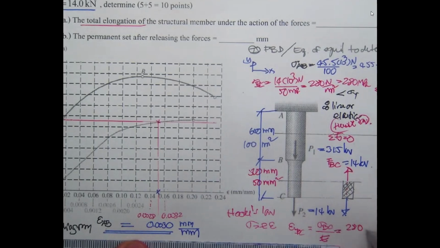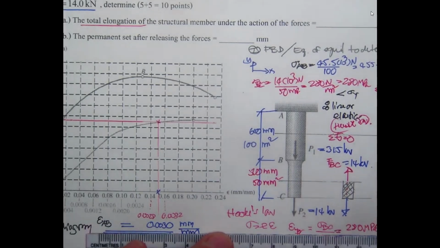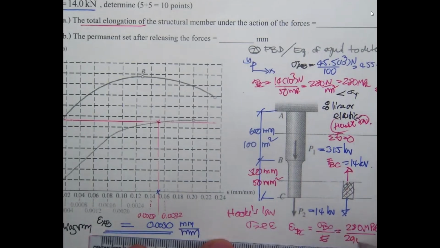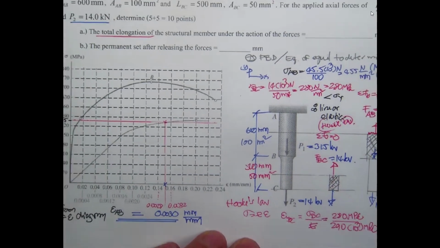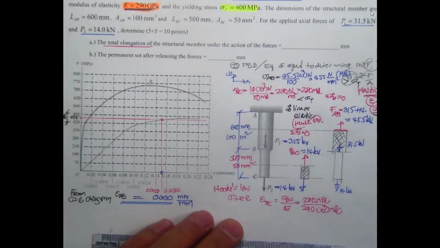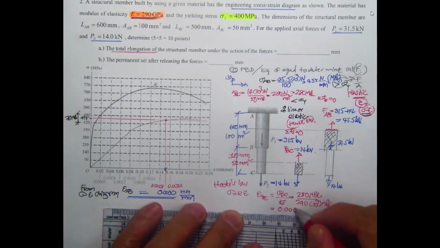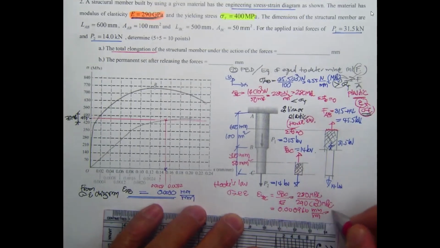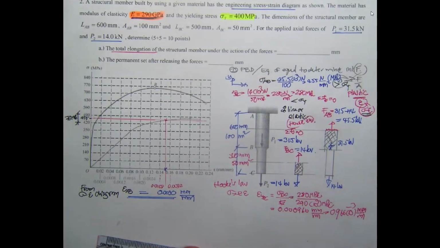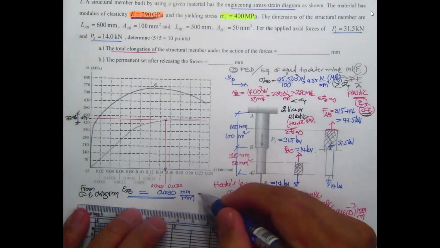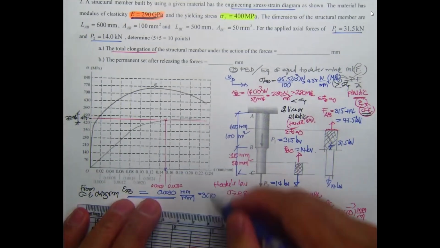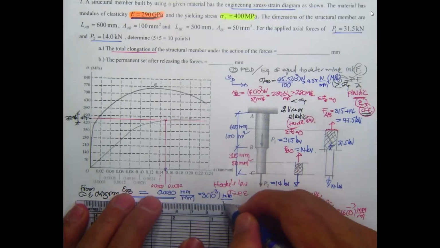That's 280 megapascal divided by 290 times 10 to the power 3 megapascal, and you should get 0.000966 millimeter per millimeter, or 0.966 times 10 to the minus 3 millimeter per millimeter.